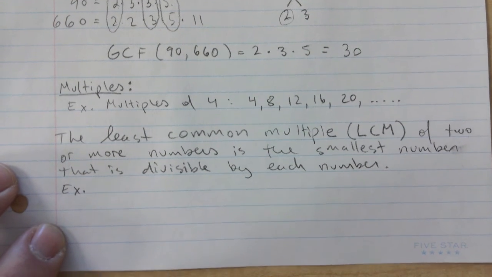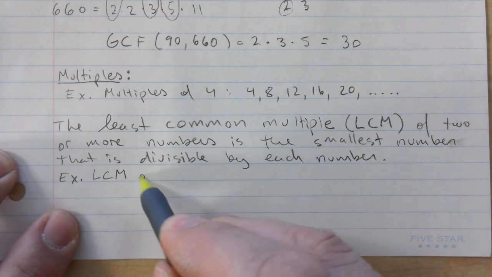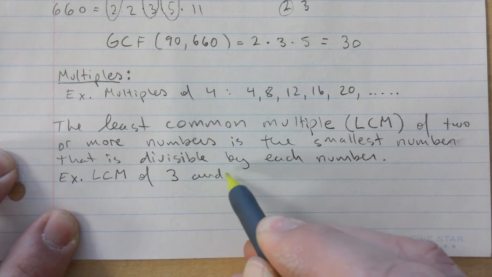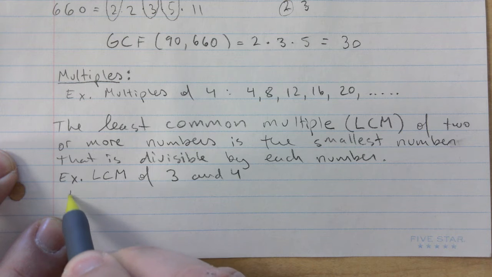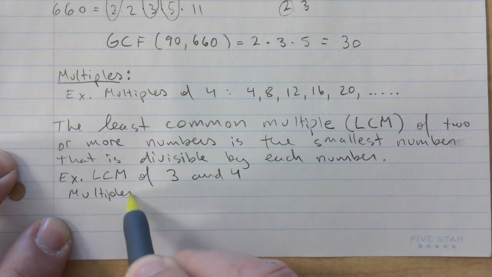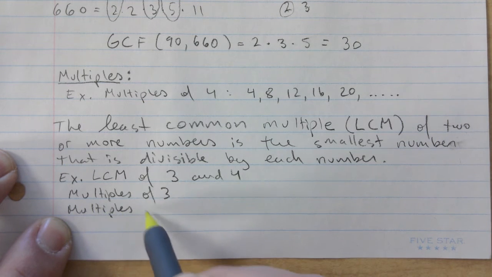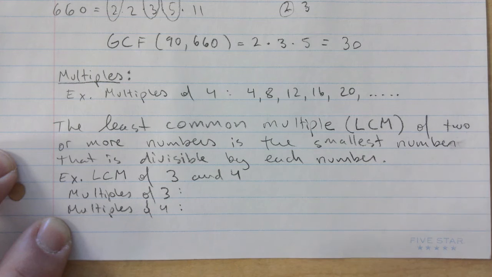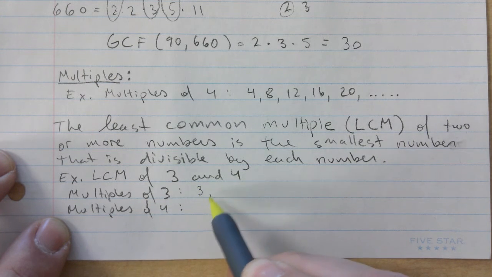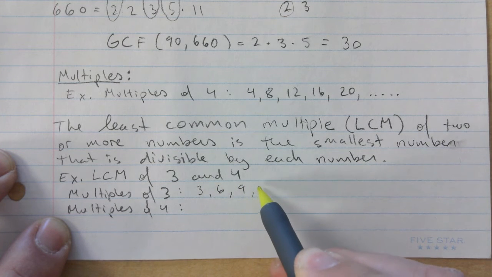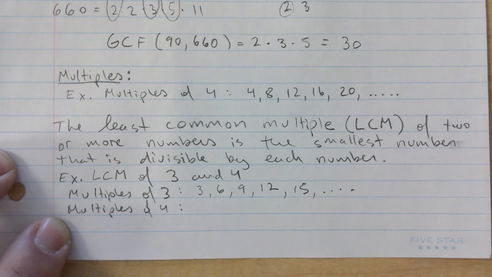Example, the LCM of 3 and 4, right? You go multiples of 3 and then multiples of 4. You line them up like this, and then you start stating them. Multiples of 3 will be 3, 6, 9, 12, 15, and this would go on and on and on.